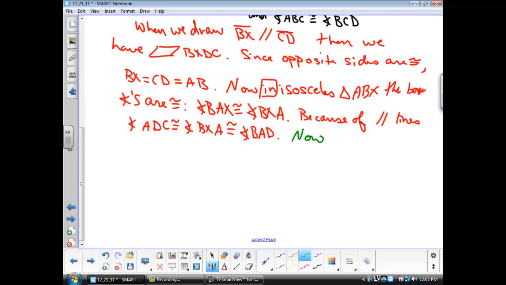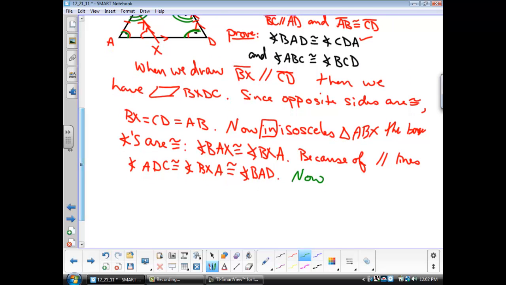So I can state, let me write it the same way I have it up here, angle BAD is congruent to angle CDA, because same side interior angles are supplementary, and supplements of congruent angles must be congruent.